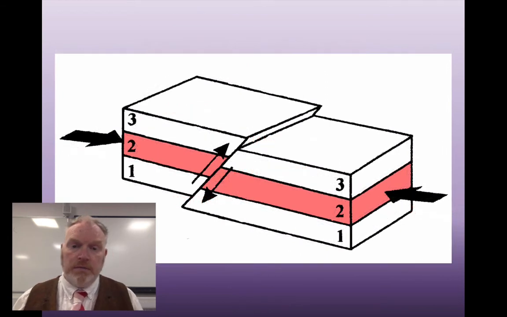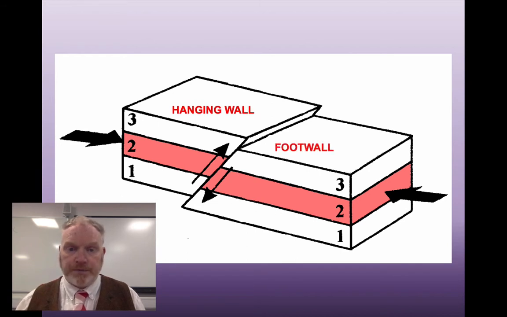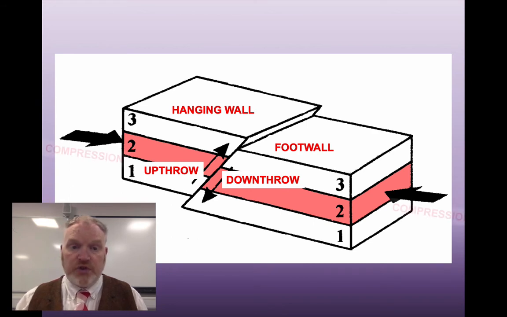For our second model, again, we can put some labels on. So we've got our hanging wall and our foot wall. Our up throw and our down throw side. And this time the stress is compressional.